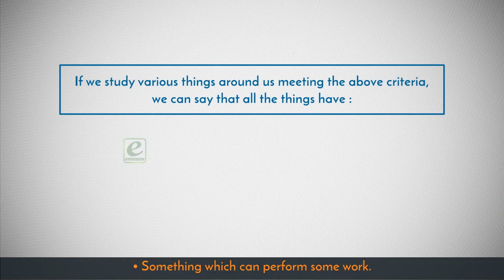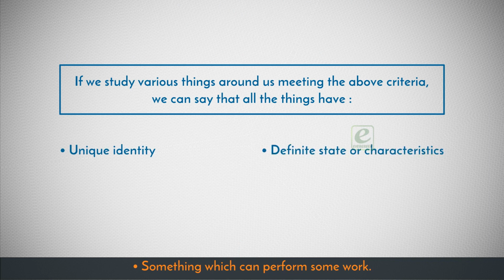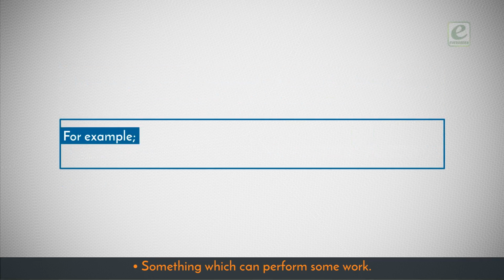If we study various things around us, meeting the above criteria, we can say that all things have unique identity, definite state or characteristics, behavior. For example, we can say that a lemon is an object.